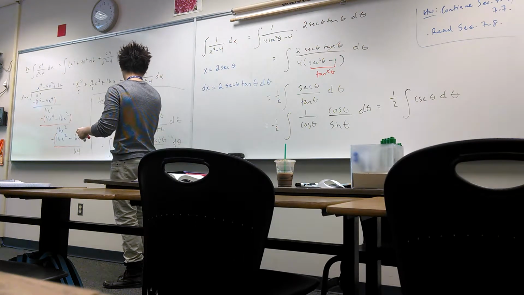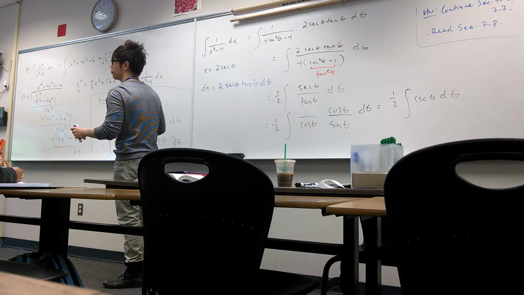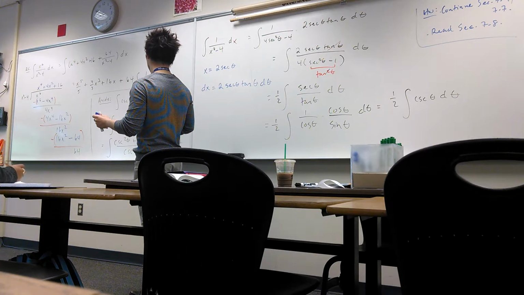So is this the right multiplication, or almost the right multiplication? What do you think? Oh yes, it was cosecant minus cotangent.